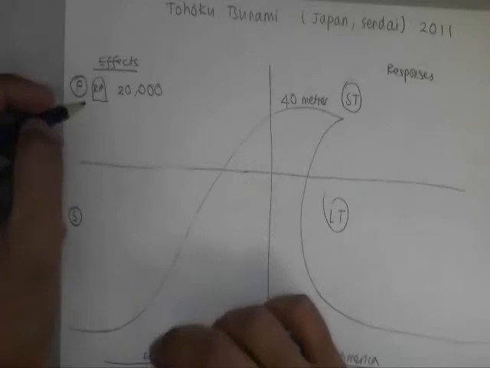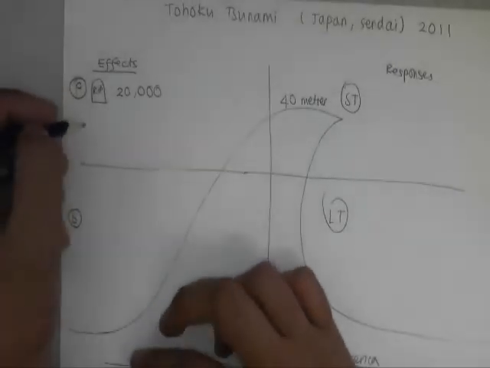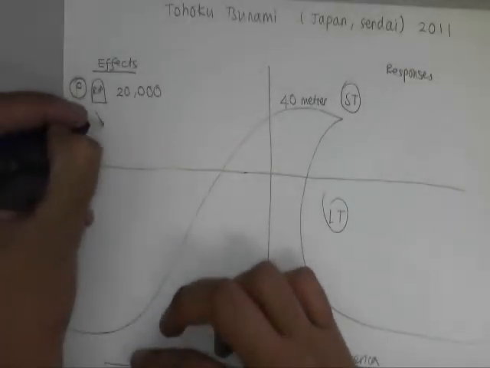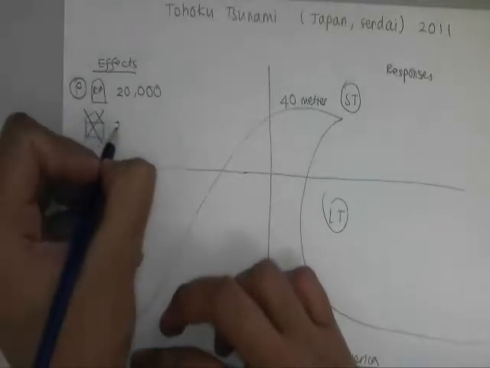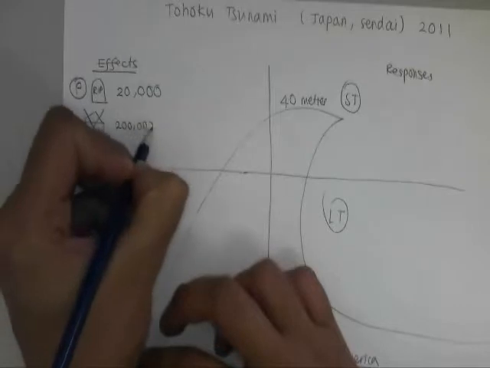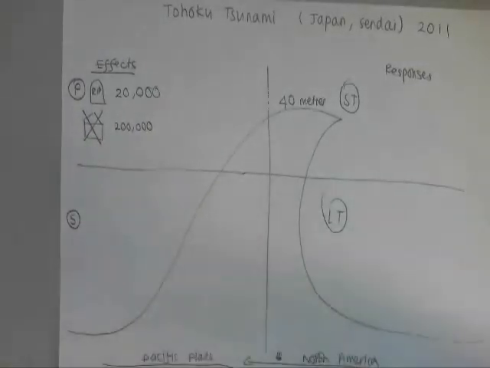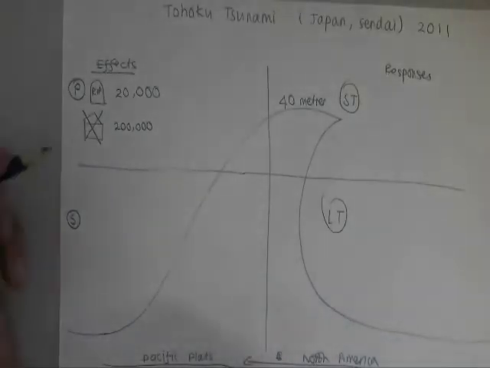In addition to those deaths, another primary effect was the huge amount of damage to buildings, and conservative estimates are that about 200,000 buildings were completely destroyed by the tsunami.